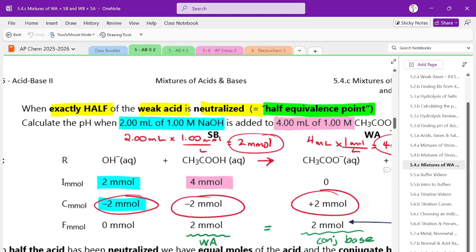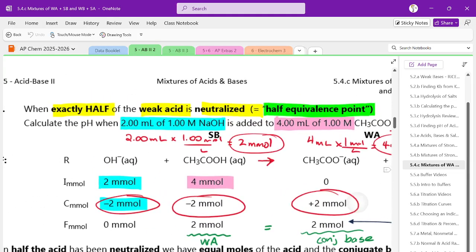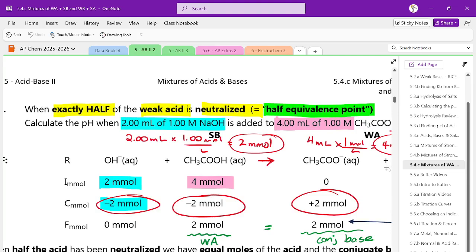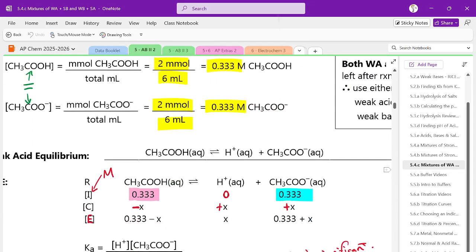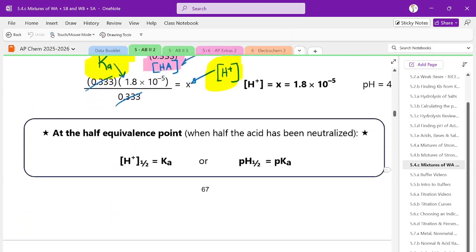And yesterday we looked at what happened when you had exactly half of the weak acid neutralized. This is on page 67.